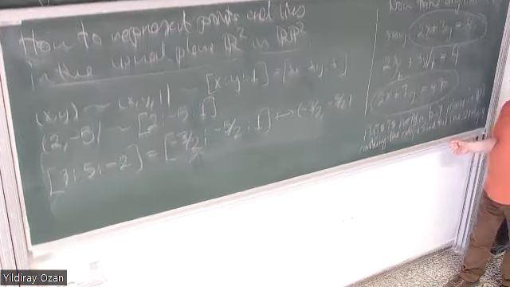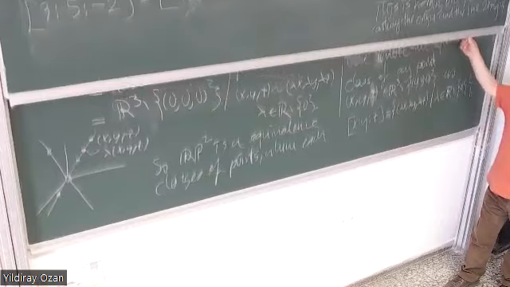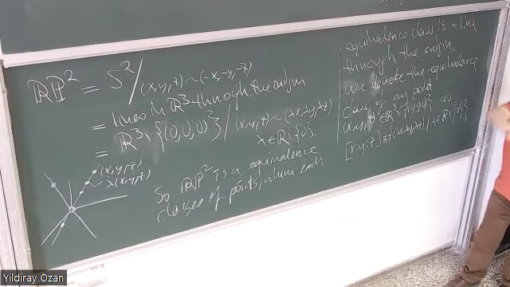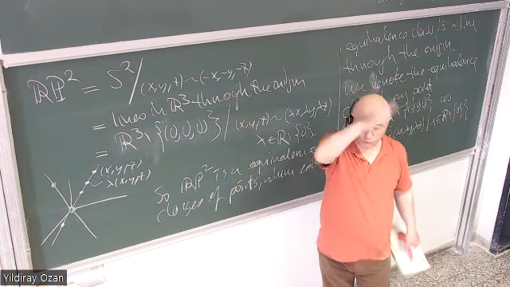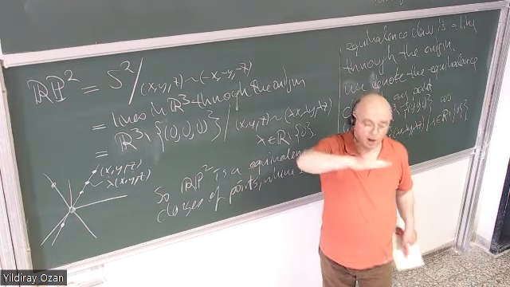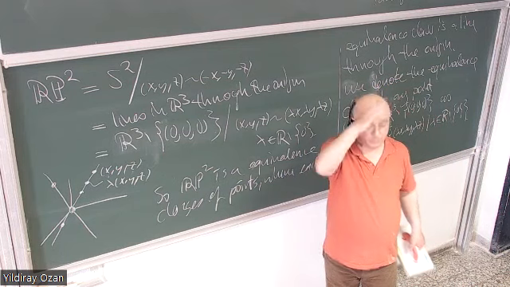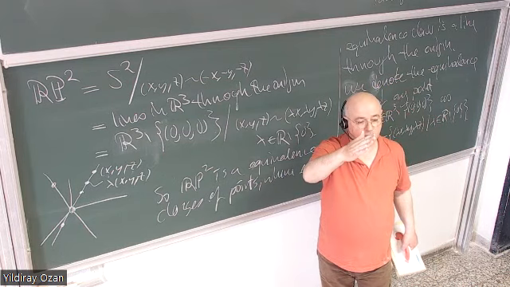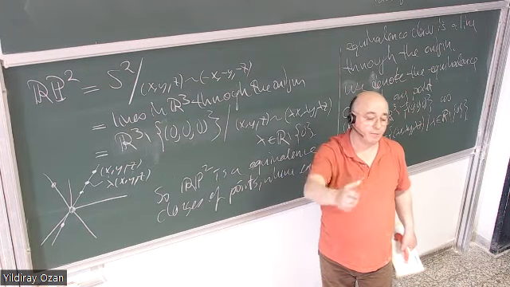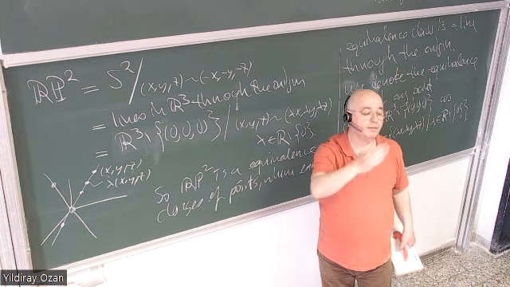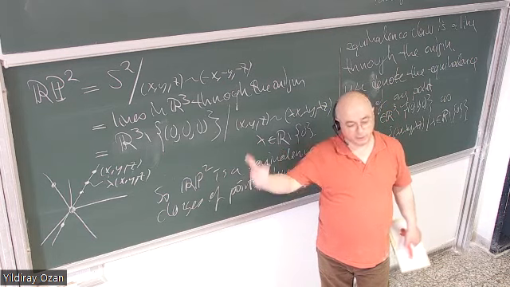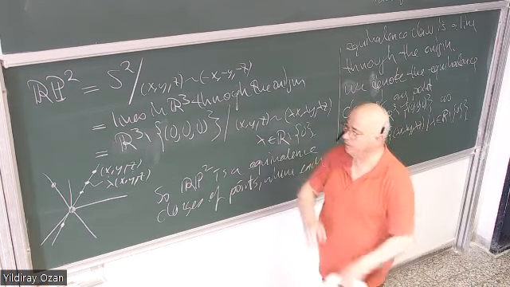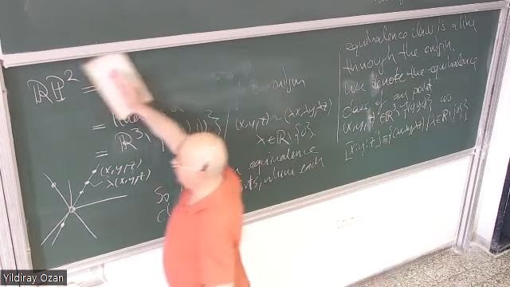Yani düzlemdeki doğrularımız, bizim usual düzlemdeki doğrularımız projektif uzayda doğrulara denk geliyor ama arada bir de R3'te o aslında bir düzlem. R3'teki düzlem, orijinden geçen düzlem RP2'da bize bir line veriyor. O aslında usual plane'de de bir line veriyor. Sonsuzdaki değilse tabii.